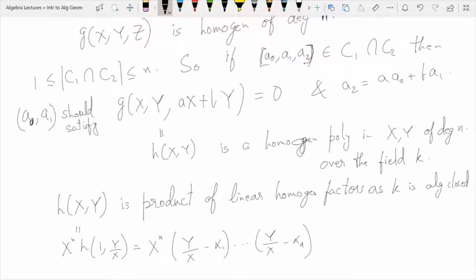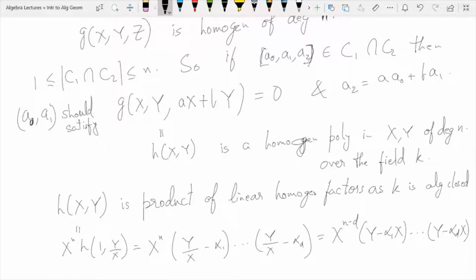This may be repeated, so if it has repeated roots, then some of these alpha i's might be the same. You'll get this because a degree d polynomial over an algebraically closed field splits into d roots, and then you multiply it by X to the power n, and you get X to the power n minus d, times (Y minus alpha 1 X), and so on, up to (Y minus alpha d X).